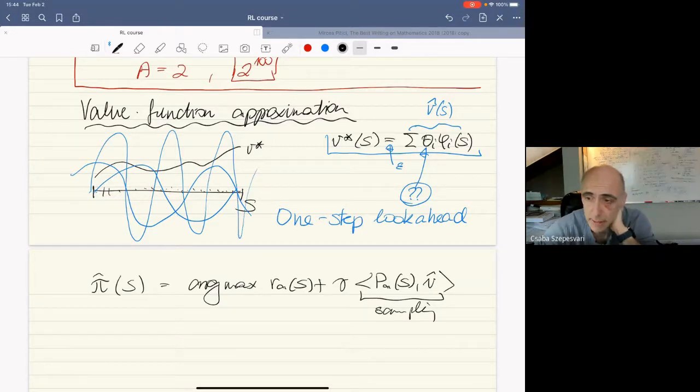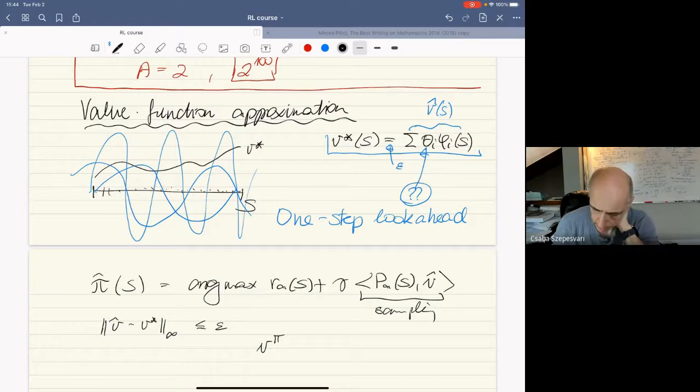So does anyone remember what's the suboptimality of this greedy policy? If I have V hat in max norm epsilon close to V star, what do we know about how big is the value function of pi hat, this greedy policy with respect to this approximate value function?